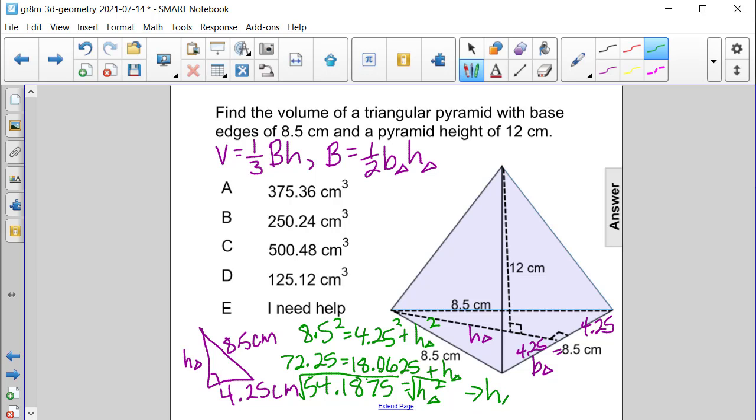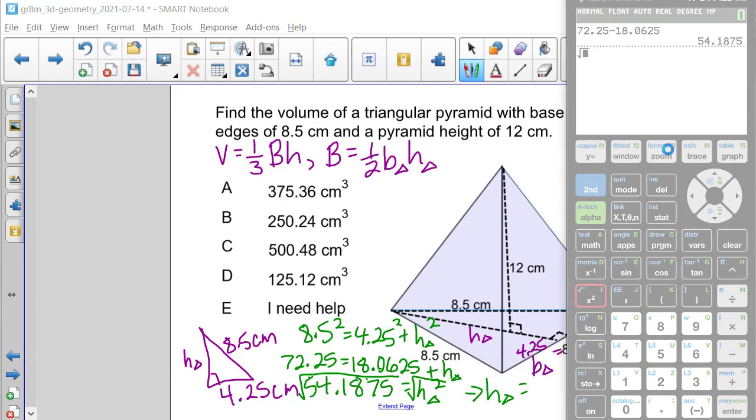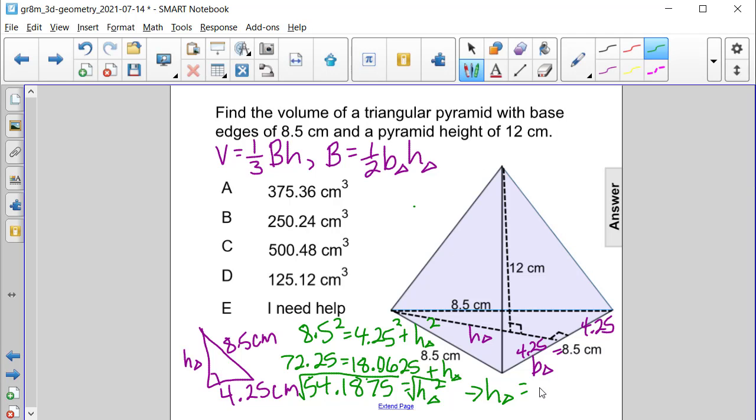So the height of our triangle will be the positive square root of our answer, which is 7 36/100. We'll round to that. So 7 36/100 centimeters is the height of our triangle.